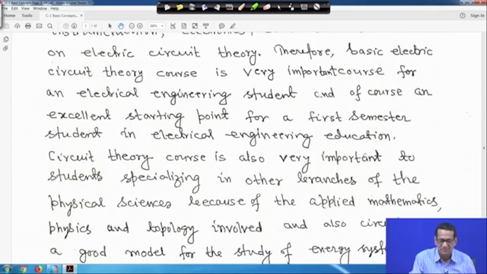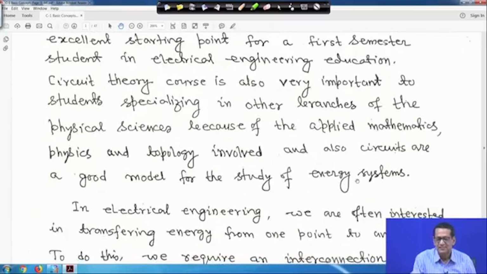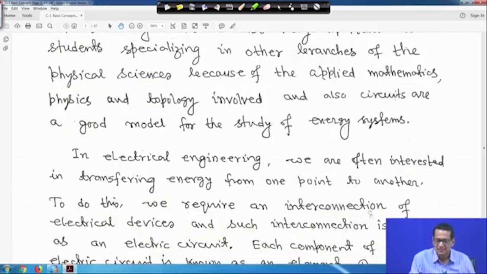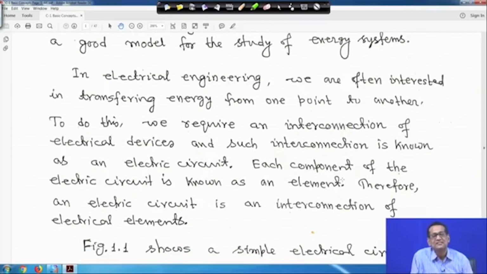If you think about electrical engineering, we are often interested in transferring energy from one point to another. This is a common idea you have when you look at the circuit at a household, or a power generating station. Ultimately, we are often interested in transferring energy from one point to another.